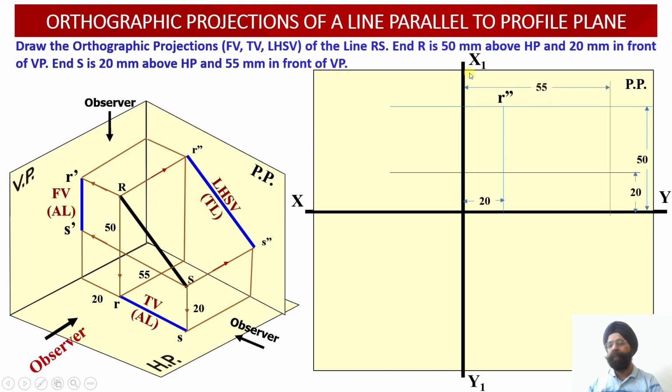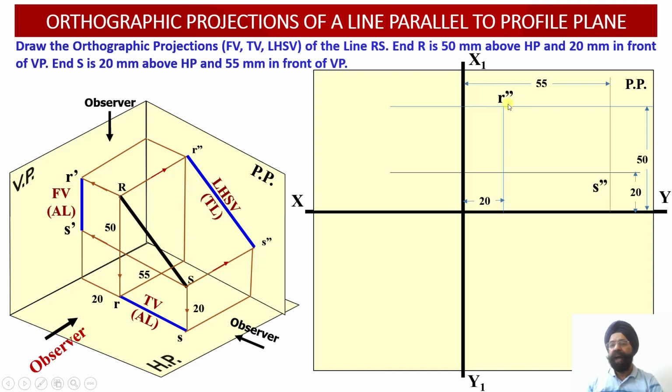So 55 millimeter in front of VP, we have drawn another construction line or locus line corresponding to the point S. So wherever these two locus lines intersect with each other, we obtain the location of the point S in the side view, that is S double dash has been obtained.